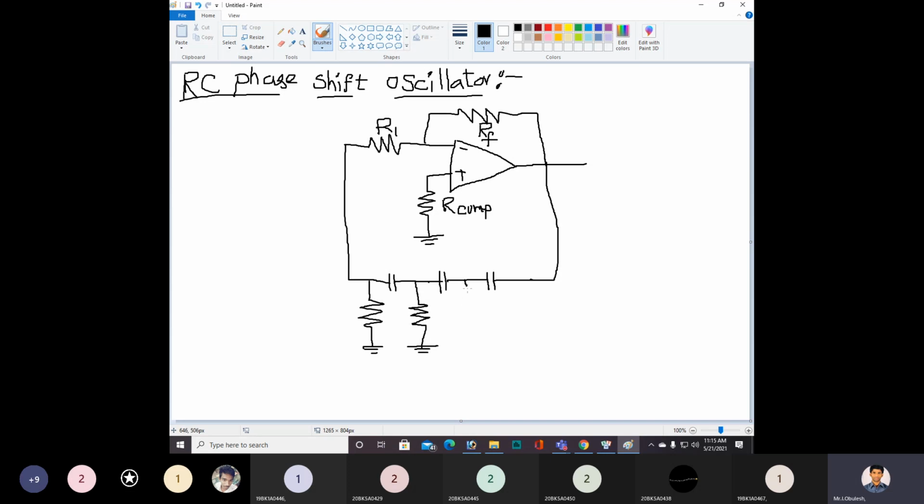Here also you take one more resistor. You need to assume that the resistor values are equal, so all resistor values are equal and all capacitor values are equal here.